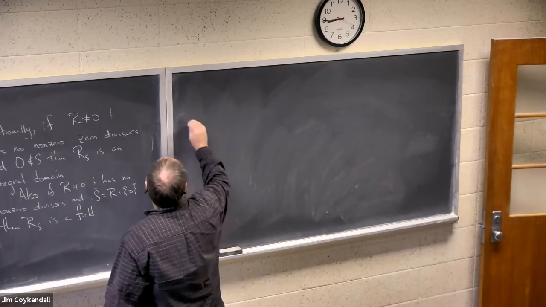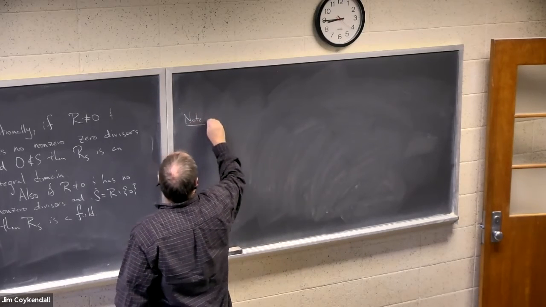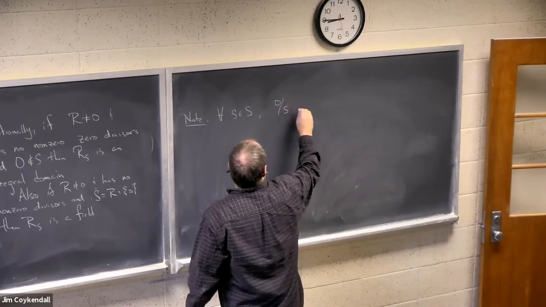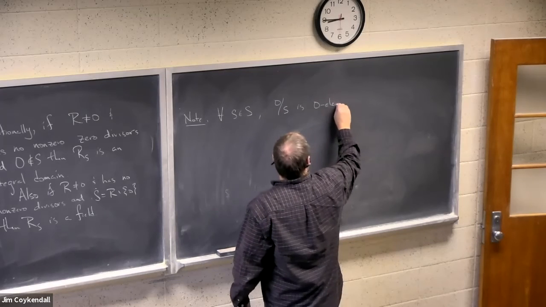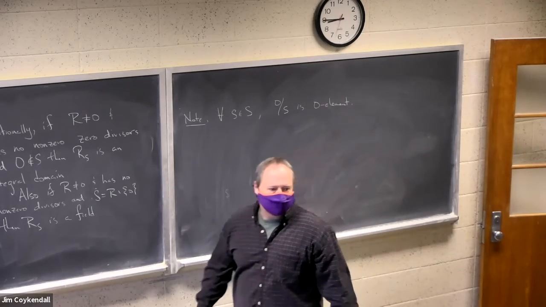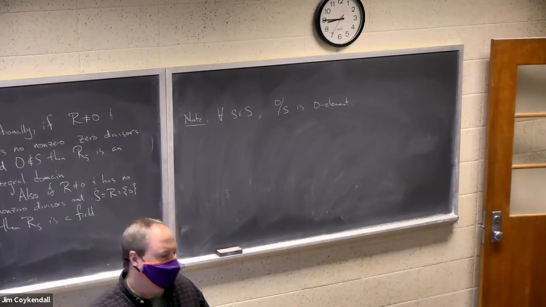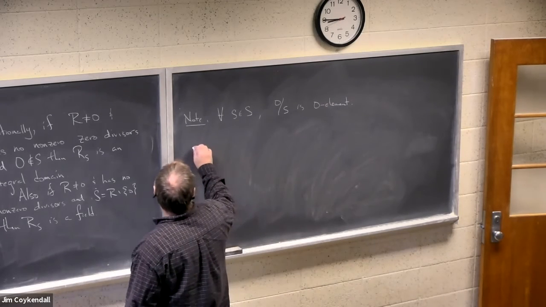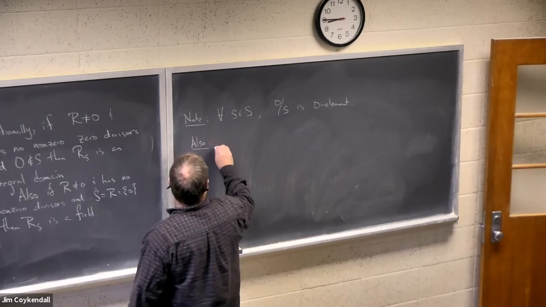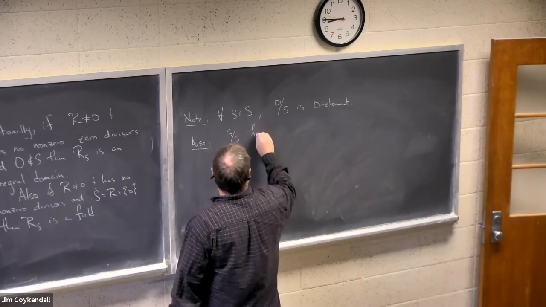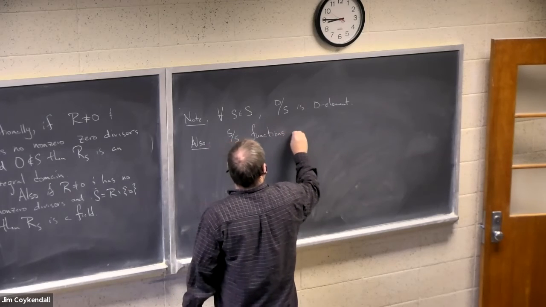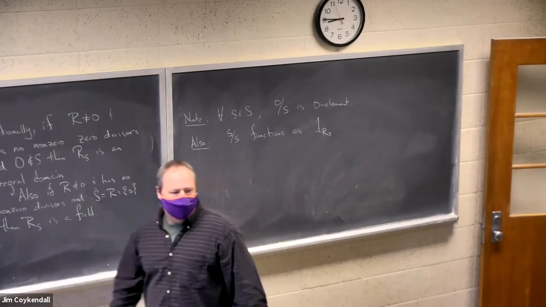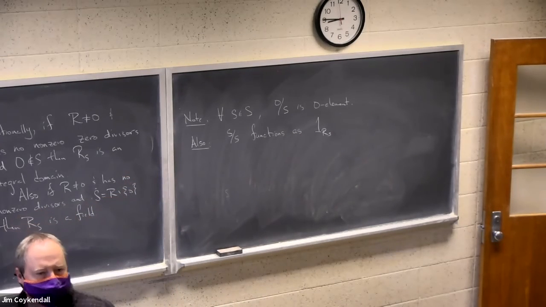Let me point out for all S in S, 0 over S is the 0 element. Also check this. Also, S over S functions as 1 in this new ring.